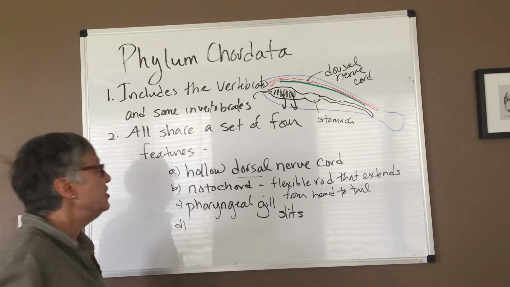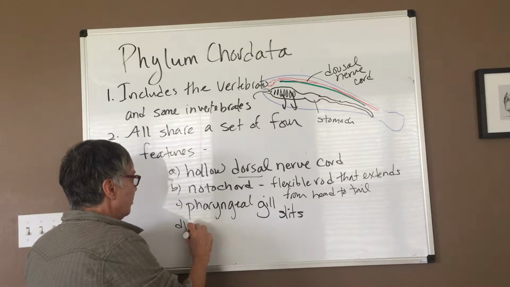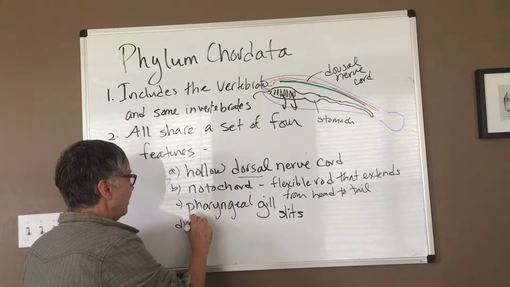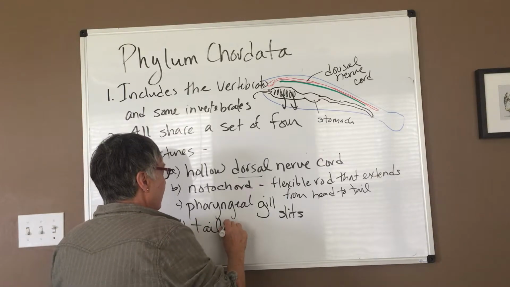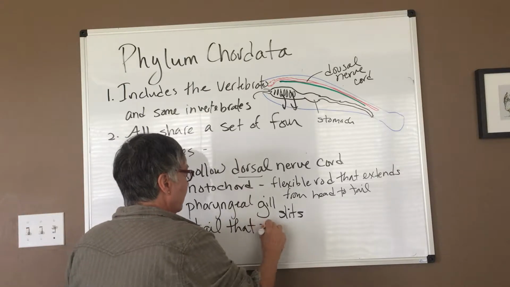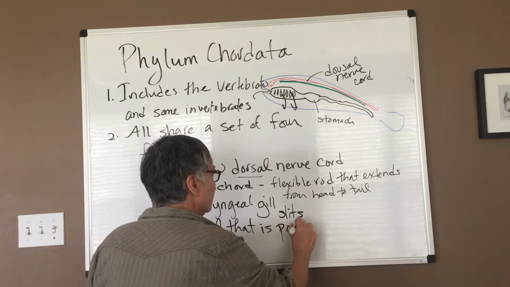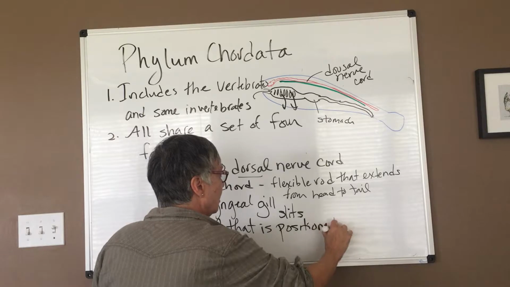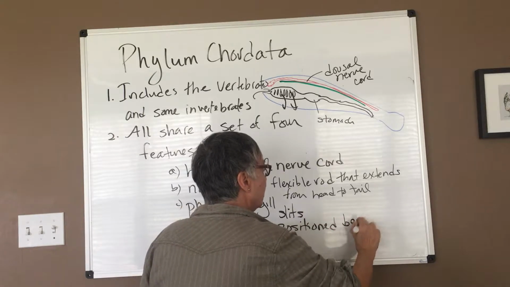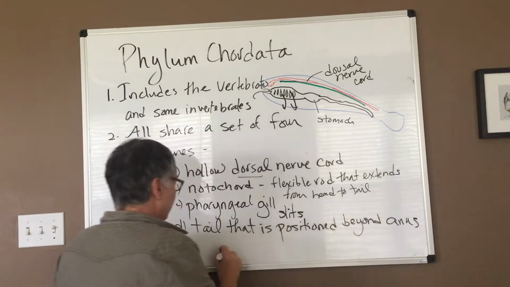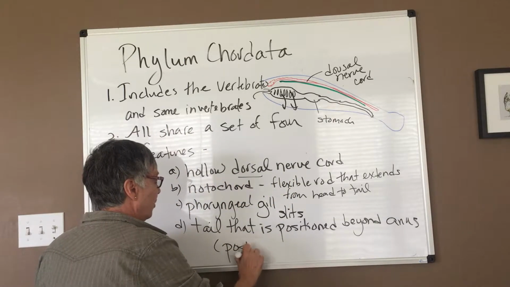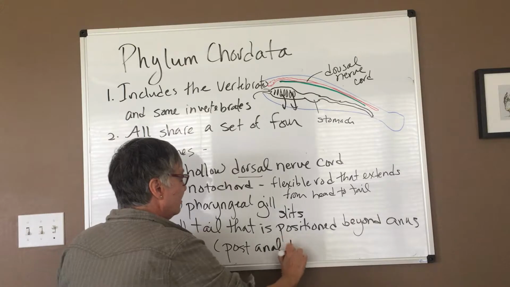Okay, one last feature is that we see the presence of a tail that is positioned beyond the anus. And so this is sometimes simply called a post-anal tail.